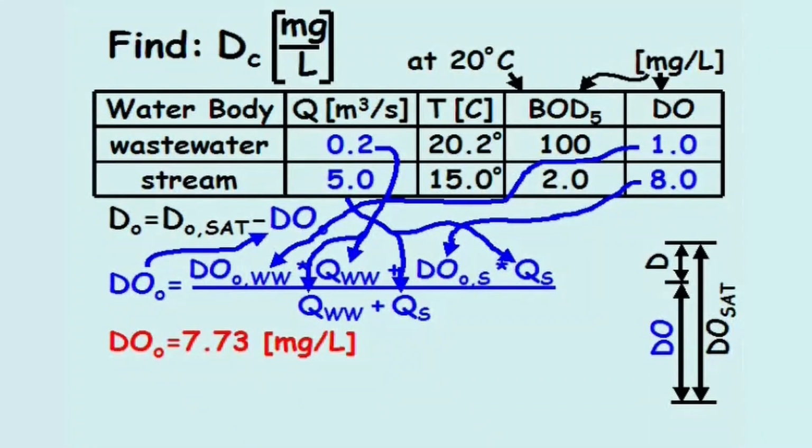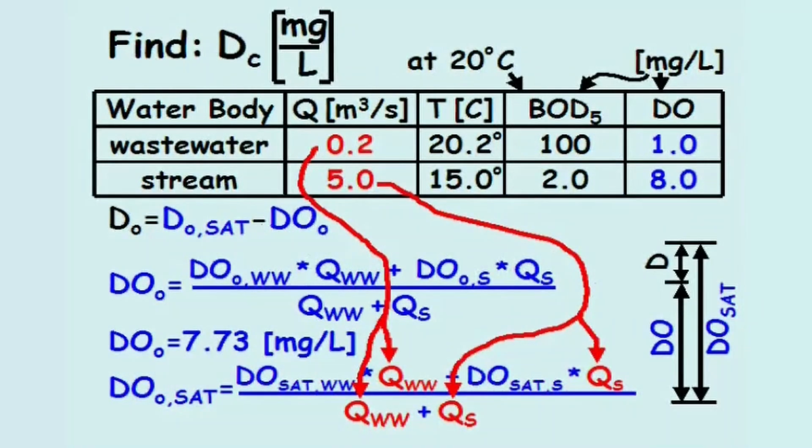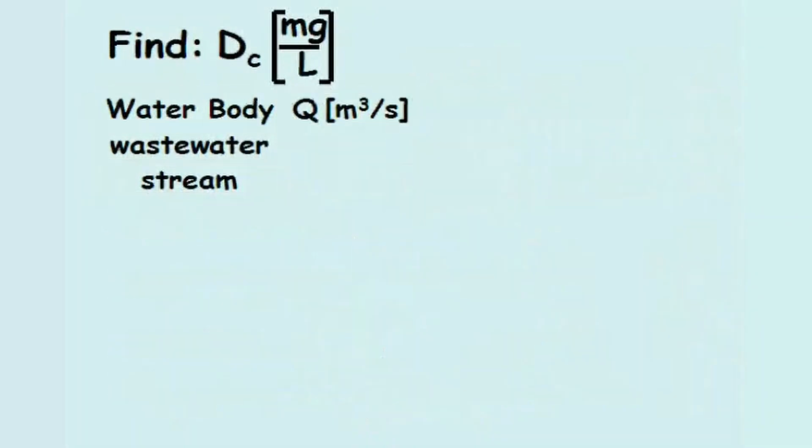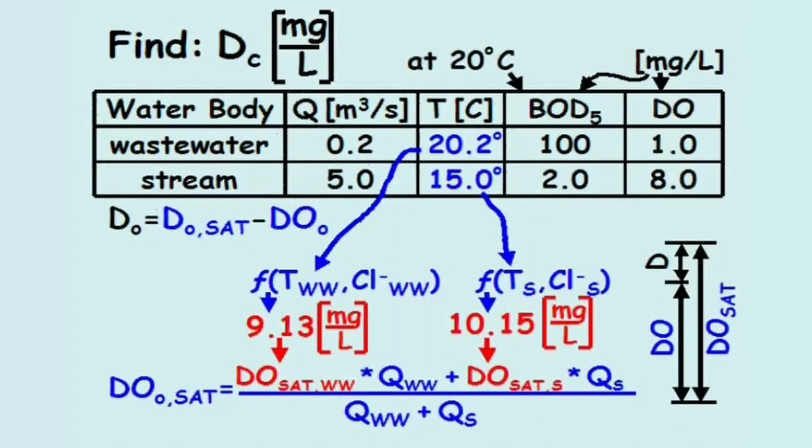The saturated dissolved oxygen concentration is calculated the same way, where the flow rates are plugged in, and the saturated DO concentrations are a function of the temperature of each body of water. Assuming no chloride contamination, the saturated DO concentrations are 9.13 milligrams per liter and 10.15 milligrams per liter for the wastewater effluent and the stream, respectively.